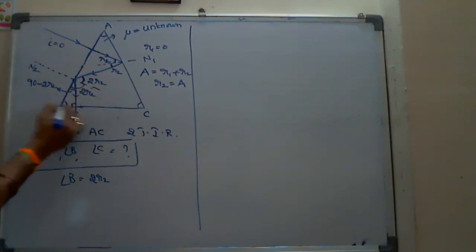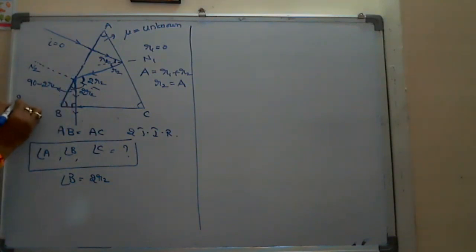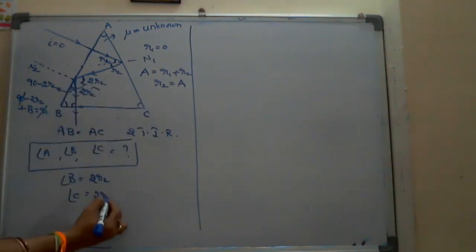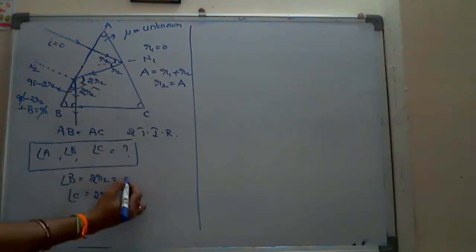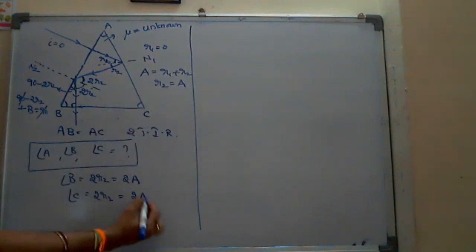Because total angle should be 180. This is 90. So the sum of these two angles should be 90. Means 90 minus 2R2 plus B is equals to 90. So B is equals to 2R2. B is equals to 2R2 means C is also equals to 2R2. Means look at here, angle B is 2R2 which is 2A, angle C is also 2A.